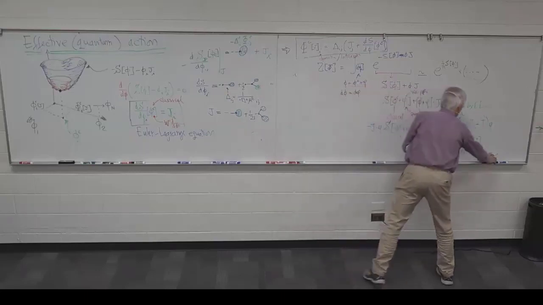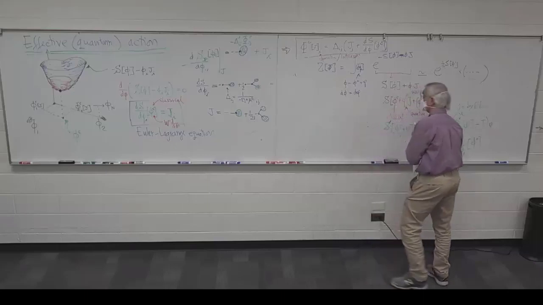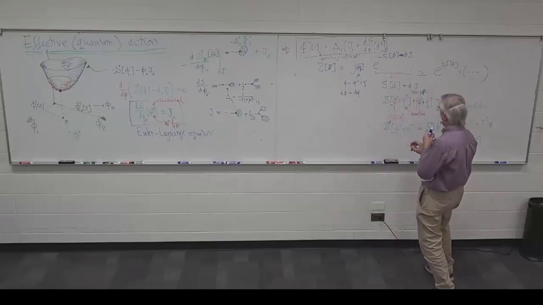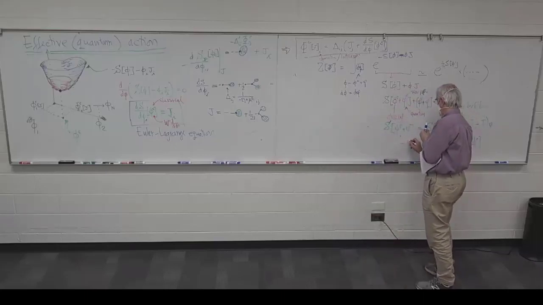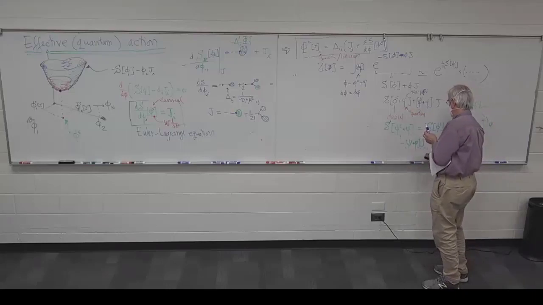You're right. It has to be. Let's see. I have minus phi c plus phi times j, right? On the left-hand side.